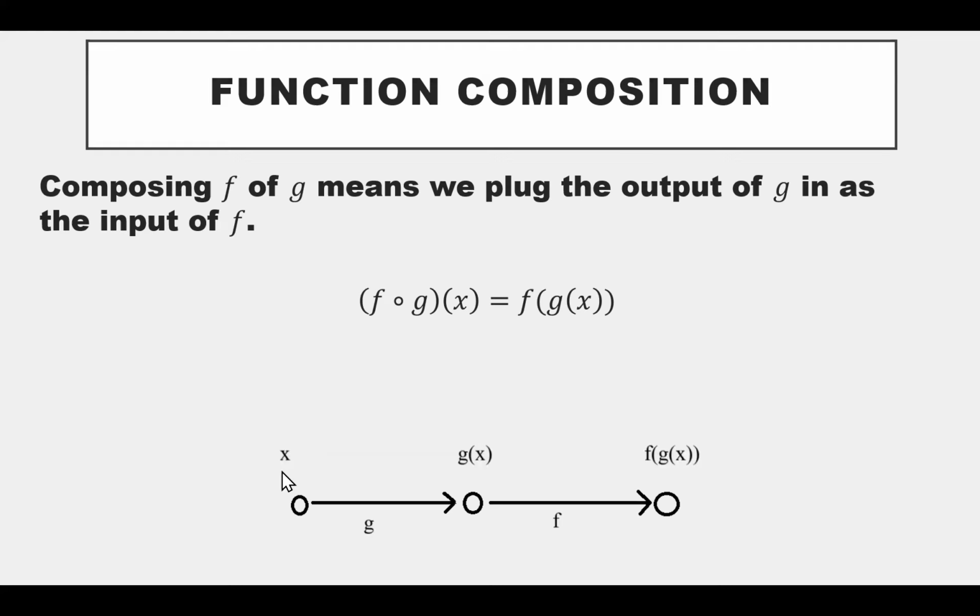It's kind of like we do a couple of steps. We start with an input of X, and then we hit that with our function G. Our output of G becomes G of X. And that G of X becomes the new input for my function F. So it's kind of like doing two function operations, one inside of the other.